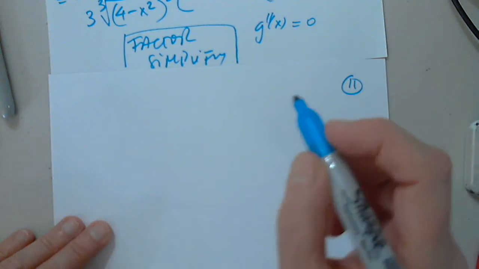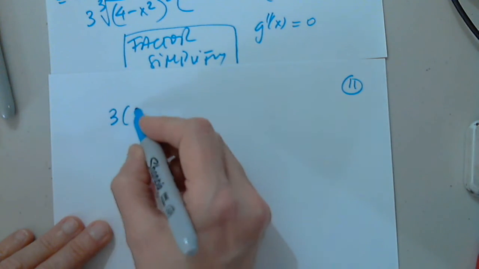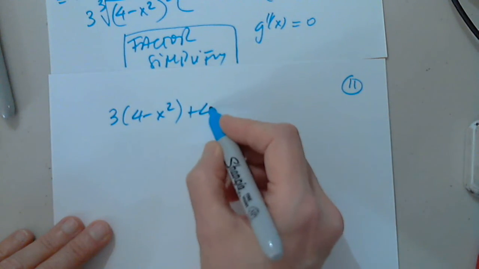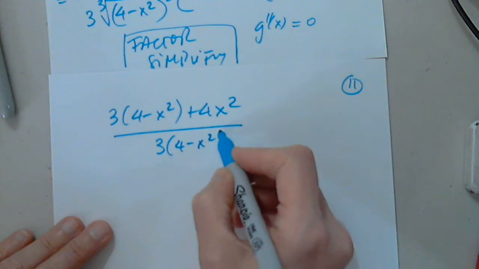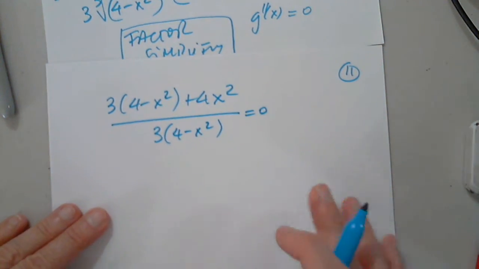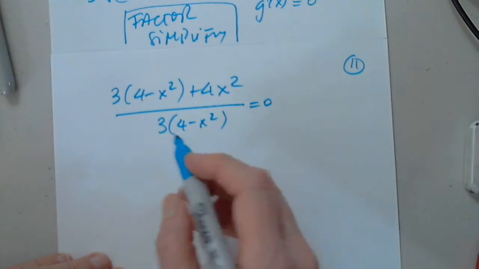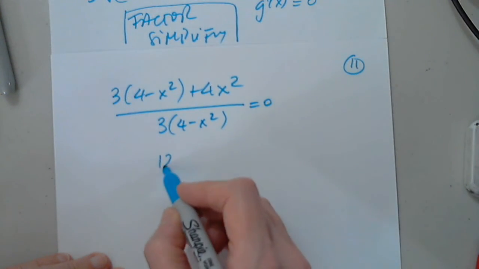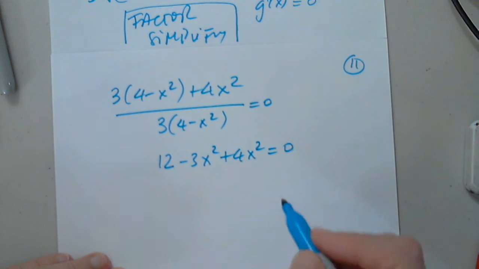So 3 times (4 minus x squared) plus 4x squared over the denominator, set equal to 0. I found the least common denominator. This is 0 only when the top is 0. And I have 12 minus 3x squared plus 4x squared equals 0.